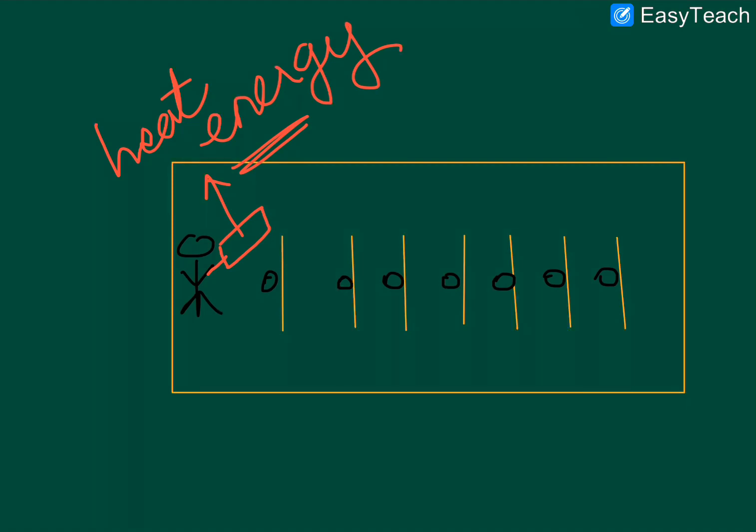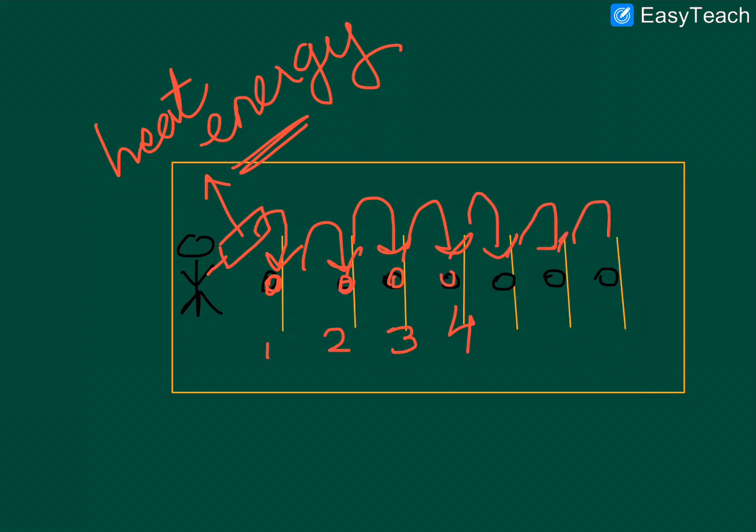There are several options to pass this packet, but what they choose is that the teacher passes the heat packet to the first one, then the first to the second, the second to the third, the third to the fourth, and so on. It reaches the last end.